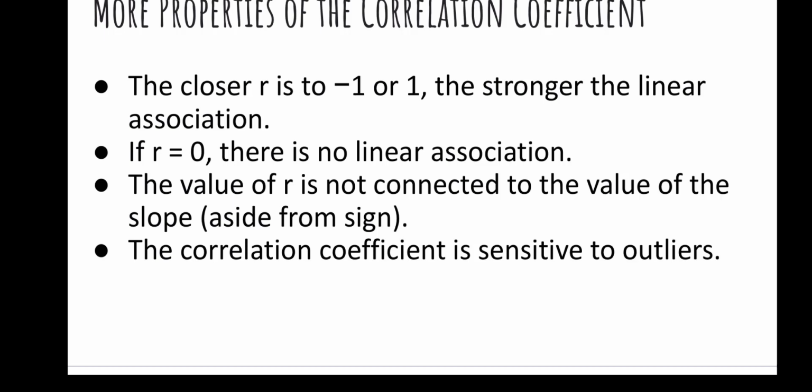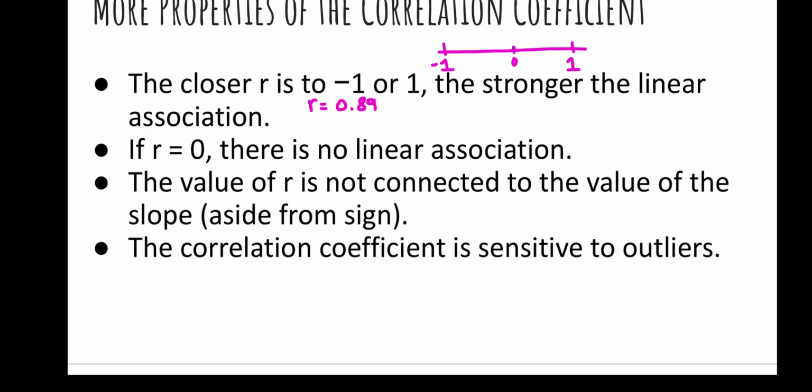So if we had something like r equals 0.89, that is pretty close to 1. If we were looking at a number line, here's 1, here's 0, here's -1, 0.89 would fall somewhere over in this direction, pretty close to 1.